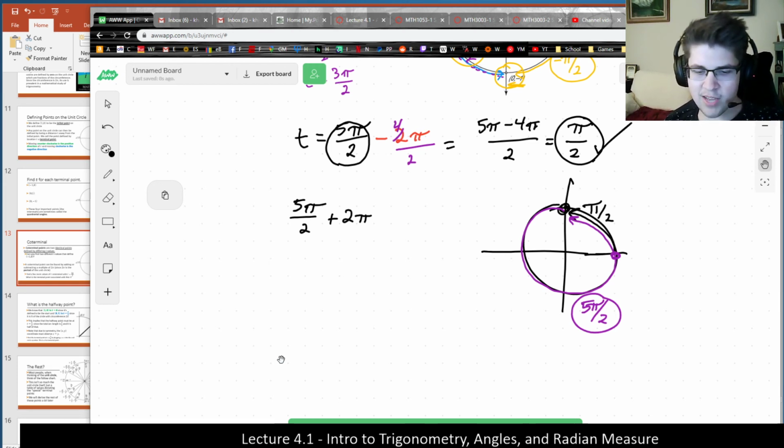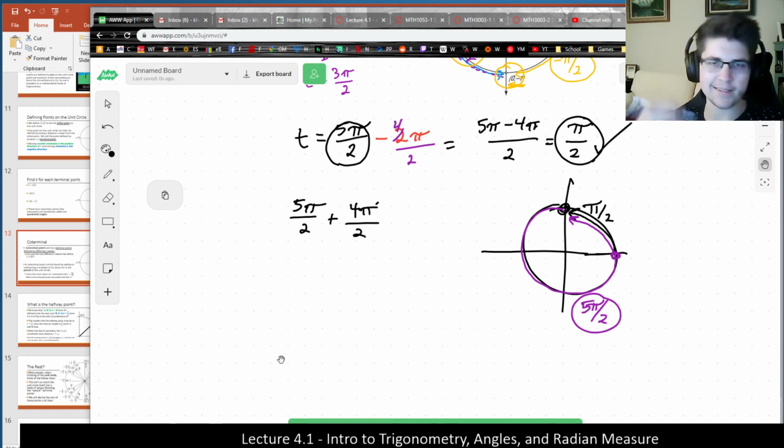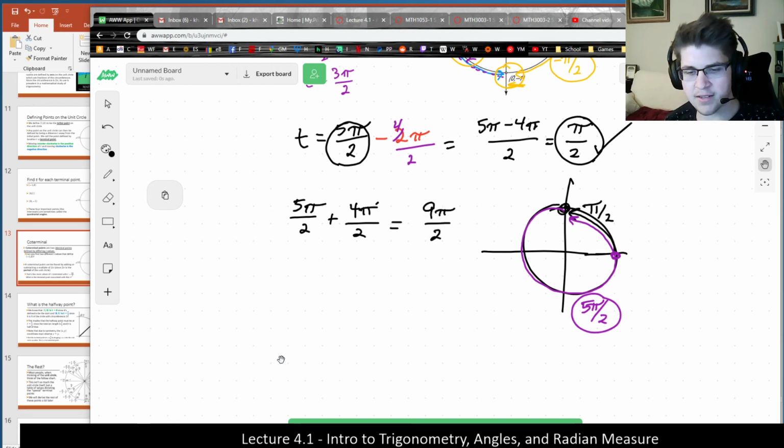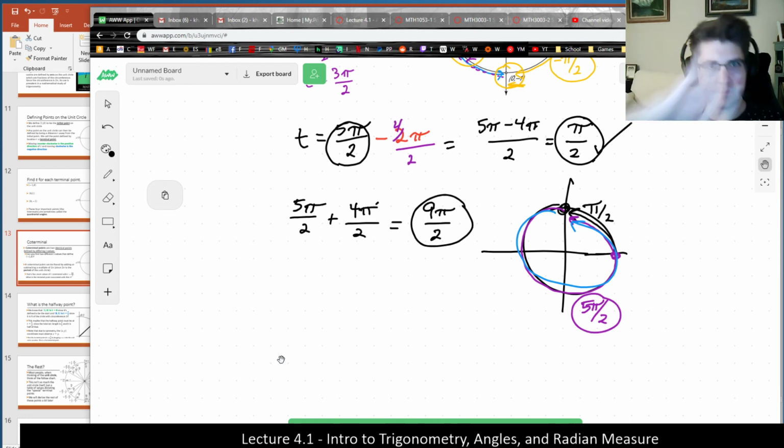It's easier to have a common denominator, so if we add 4 pi over 2, which is equal to 2 pi, that leaves us with 9 pi over 2 as another coterminal point. That's taking 5 pi over 2, the distance in black plus purple, and going around again. I could keep adding 2 pi to get more and more.